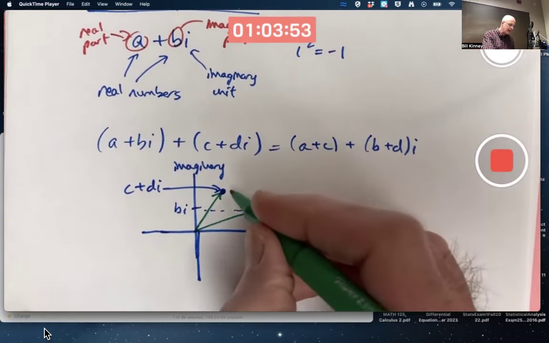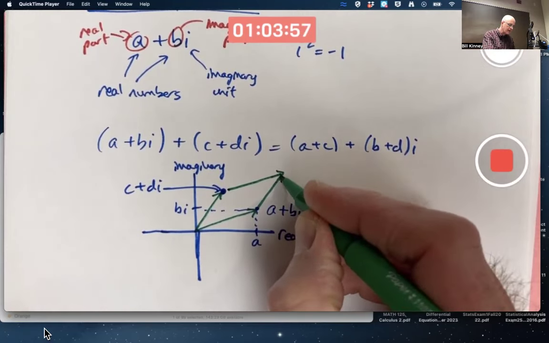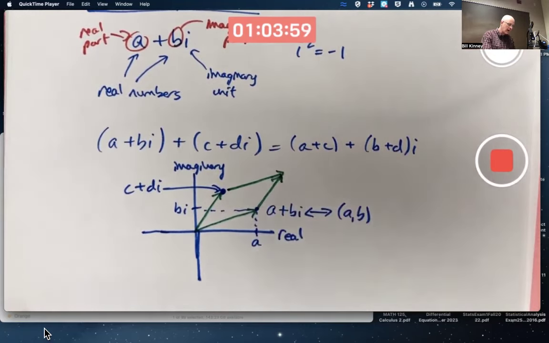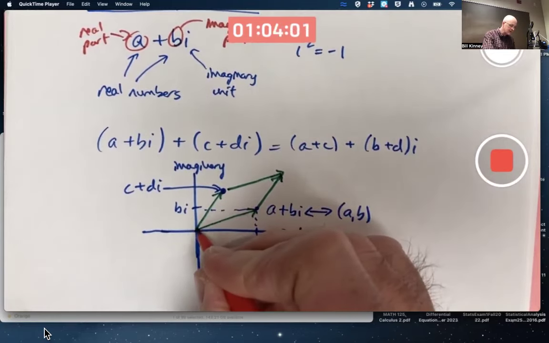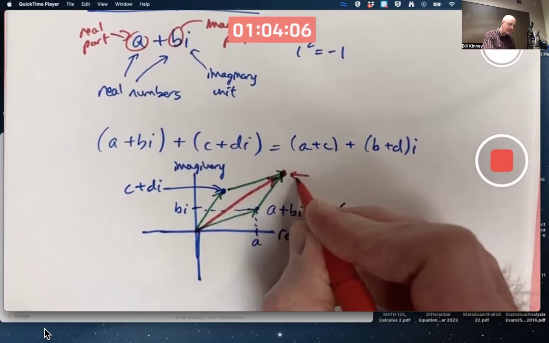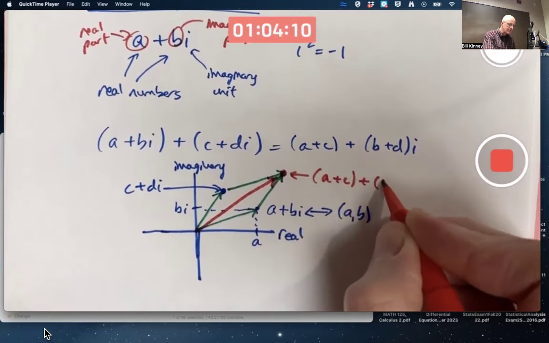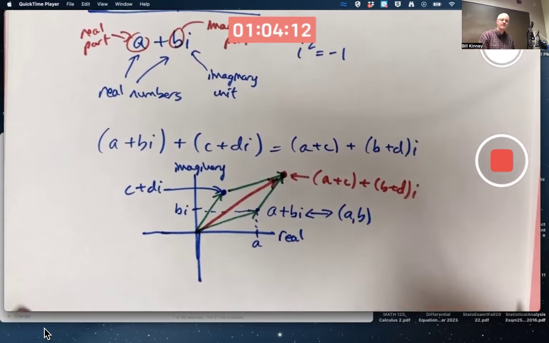And you add them by the parallelogram law. You make this parallelogram. And the sum, as an arrow, starts at the origin and goes to the opposite tip of the parallelogram. That point right there corresponds to the complex number a plus c plus (b plus d)i.